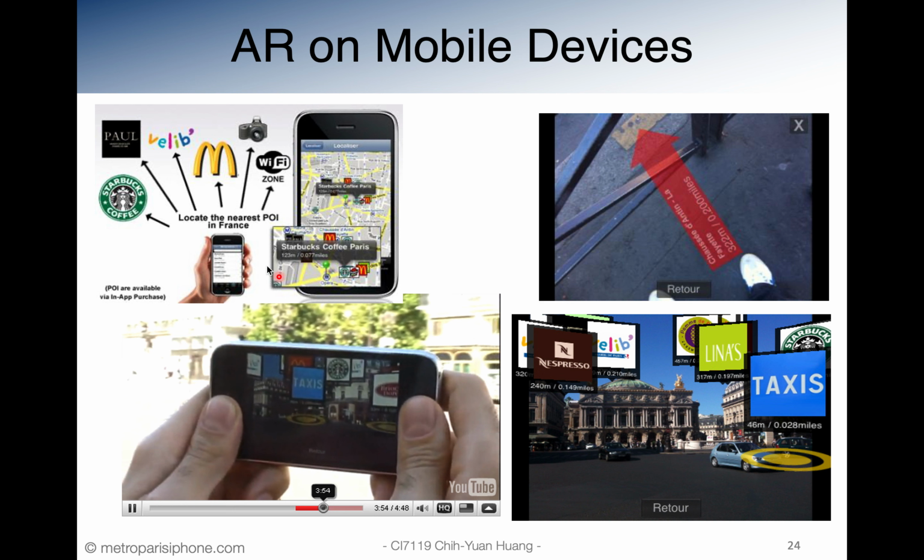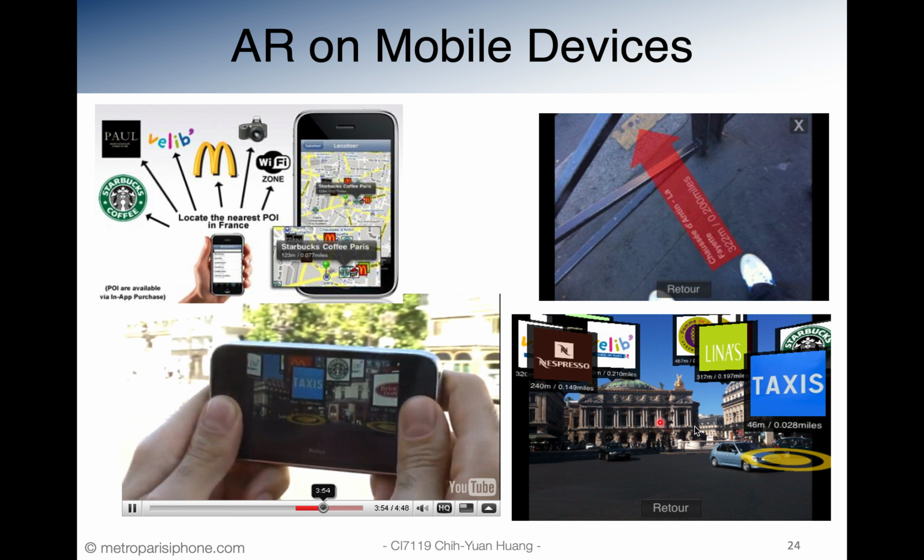You can hold your smartphone like this, and because your smartphone has a lot of sensors, it understands the location where you are and also the orientation of your smartphone. Accordingly, the application can show some corresponding information on your screen.